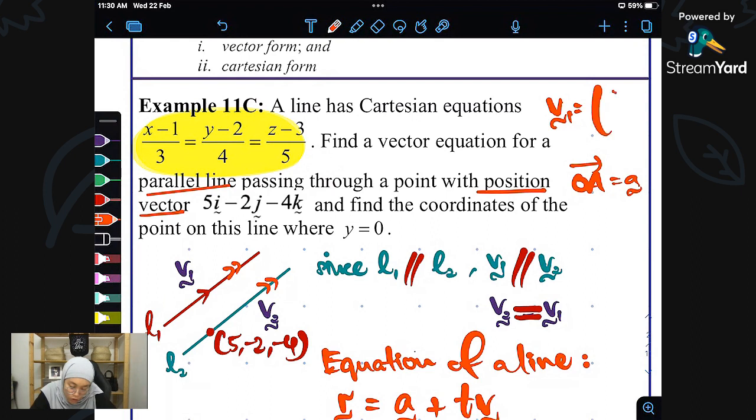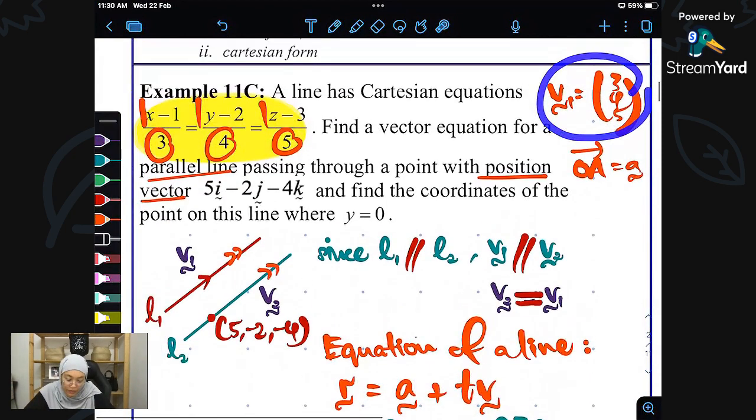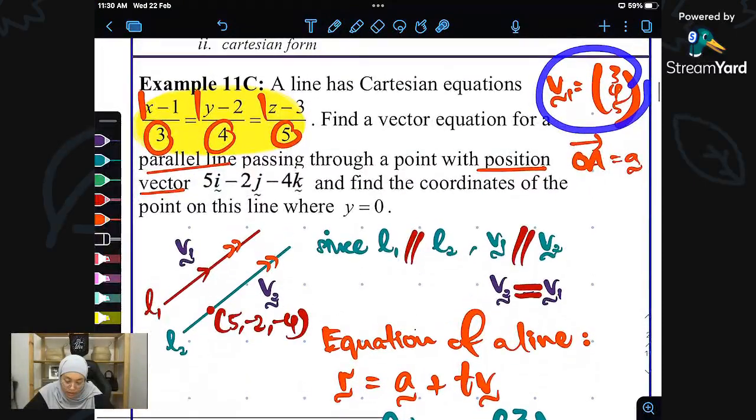Vector 1 is 3, 4 and 5. Selagi mana kamu tahu ni koefisien X, koefisien Y, koefisien Z adalah satu koefisien saja, and so we can pick the 3, 4 and 5 as our vector. So we have V1 already.